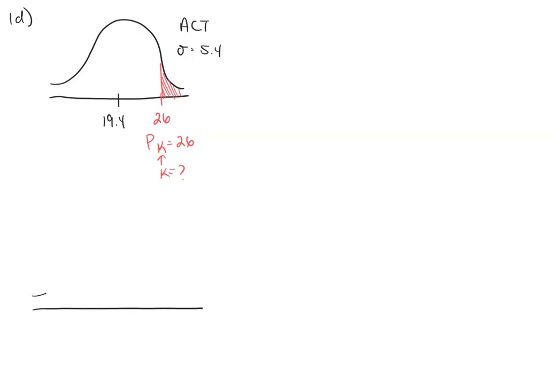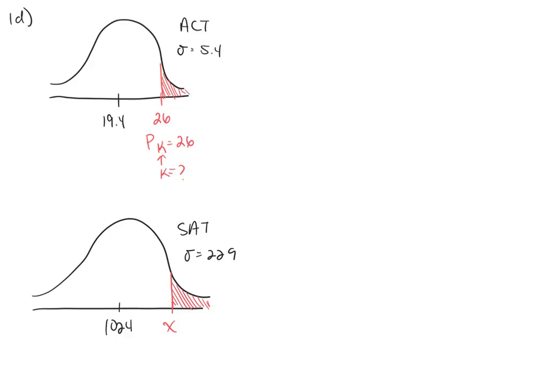So let me make a sketch of the distribution for all SAT scores, and let me go ahead and write down that standard deviation of 229 points. We're going to mark that score on the right tail, in the same position as an ACT score of 26.